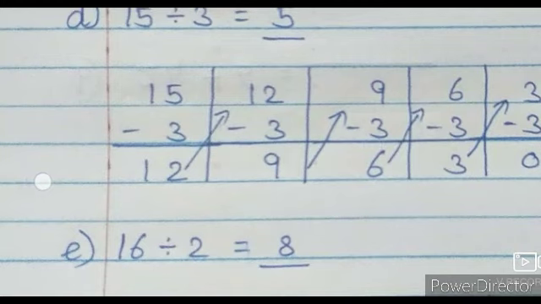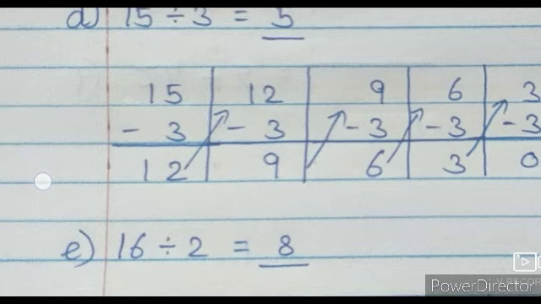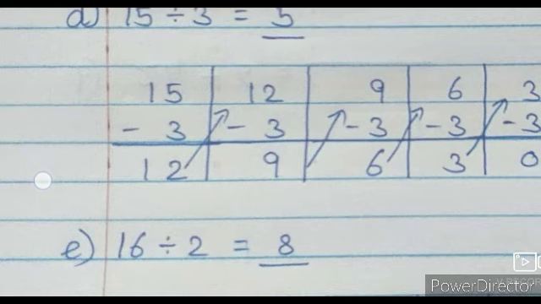Take 12 in the mind and take 3 fingers before 12, 11, 10, 9. Again you have to subtract 3 from 9. 9 in the mind. Take 3 fingers before 9, 8, 7, 6. You got 6. Again you subtract 3 from 6. 6 in the mind.